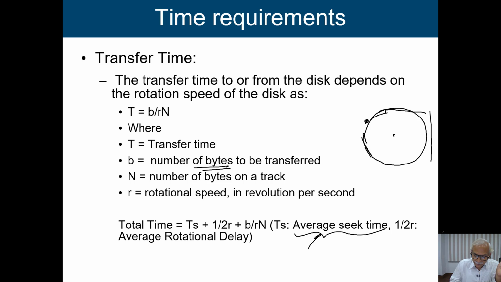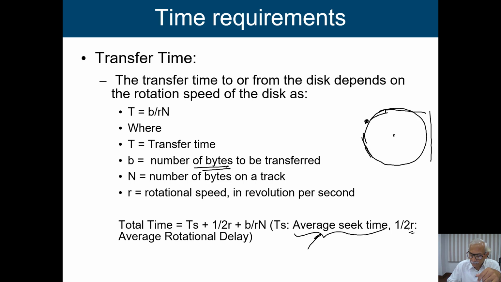And what is the average rotational delay? This is 1 by 2R. R is your rotational speed in revolutions per second, so 1 by R is the time required to rotate for one complete cycle.